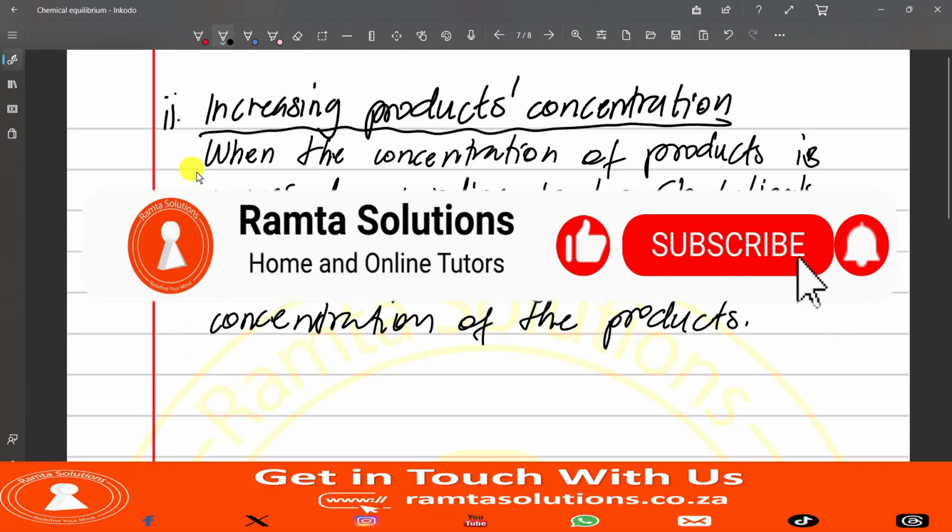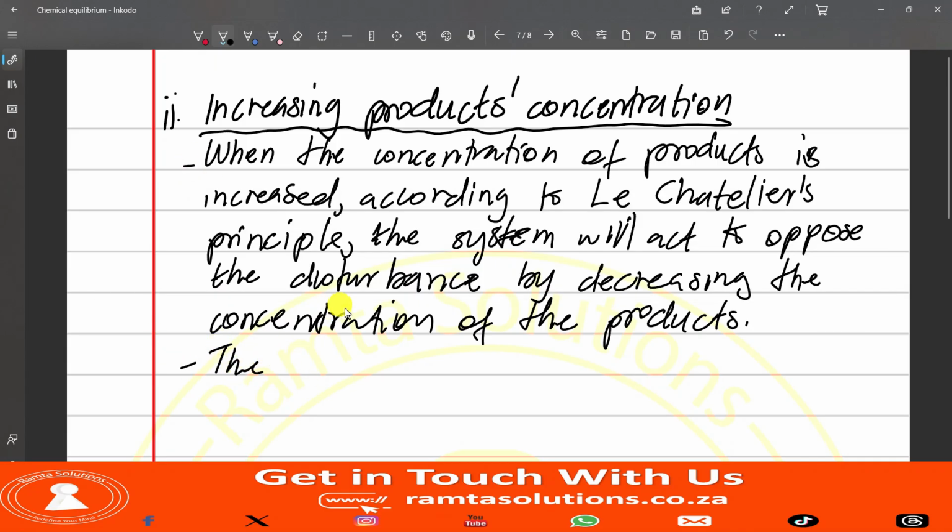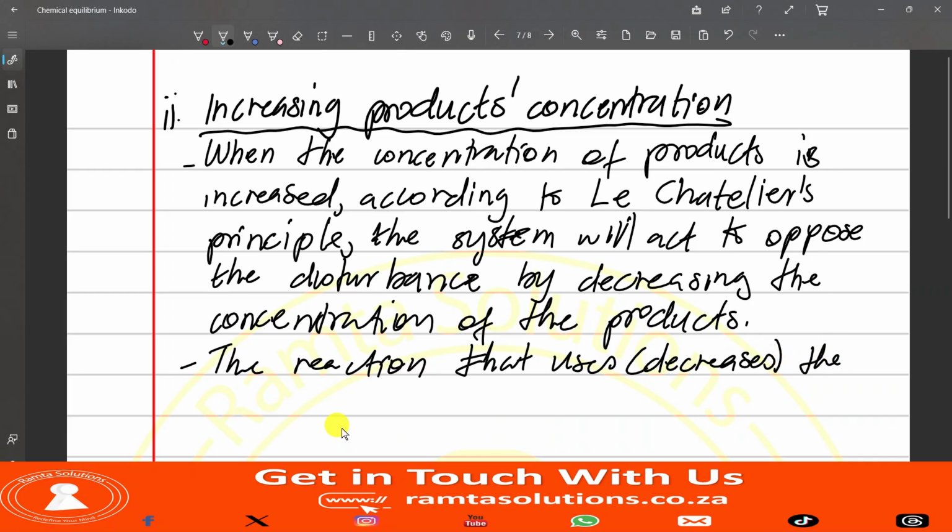So the reaction that uses the products, the reaction that uses or decreases the product, is the reverse reaction.